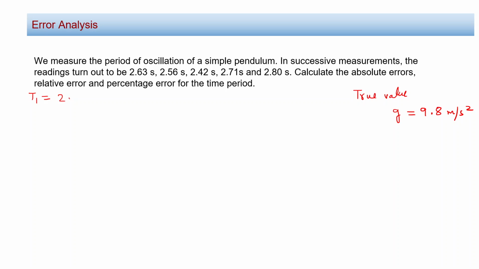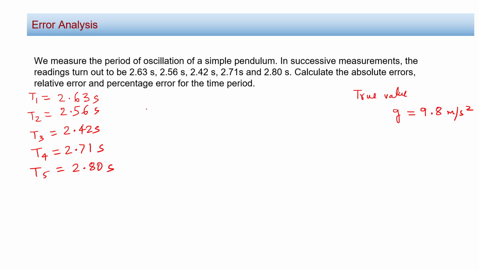First time T1 was 2.63 seconds, second time it gave 2.56 seconds, then T3 is 2.42 seconds, T4 is 2.71 seconds, and T5 is 2.80 seconds. So here our true value will be the mean of all these, so we will take the mean of all these time periods.